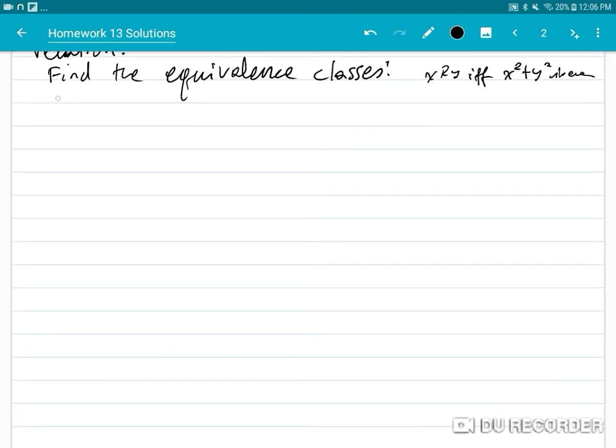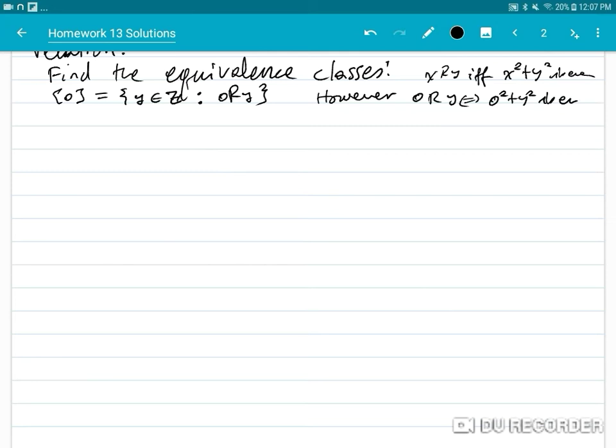Okay, so the equivalence class containing 0 is the set of all integers y such that 0 is related to y. But 0 is related to y is the same thing as 0 squared plus y squared is even.